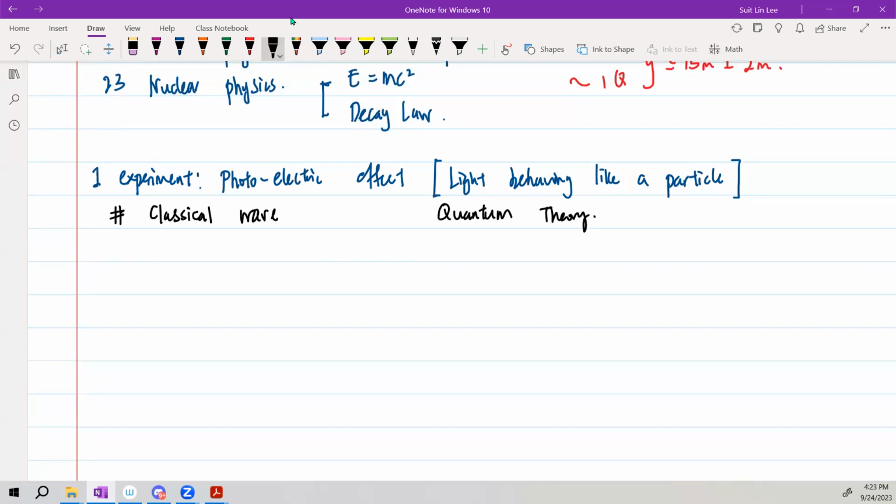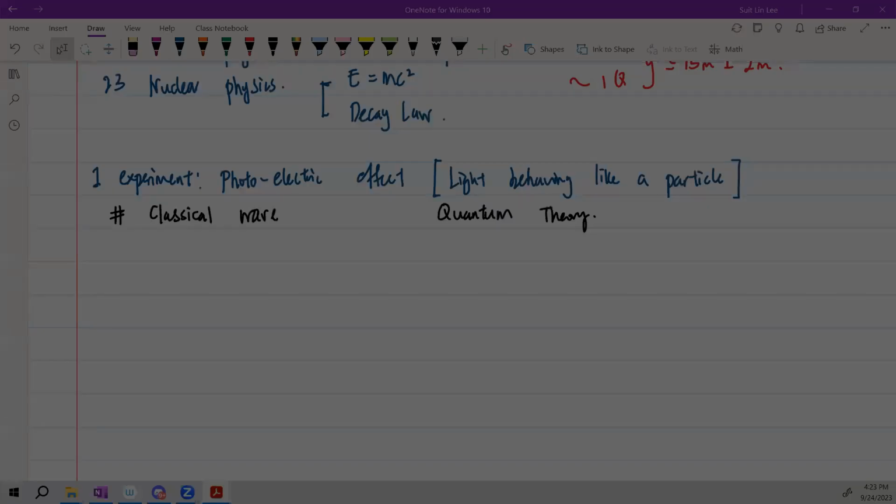So if you're going to ask me to decide whether light is a wave or a particle, in 2023, we will say we don't know. What is the context? If I pass the light through a diffraction grating, then it will behave like a wave. If I shine the light on a metal surface, releasing electrons, that would be a particle.